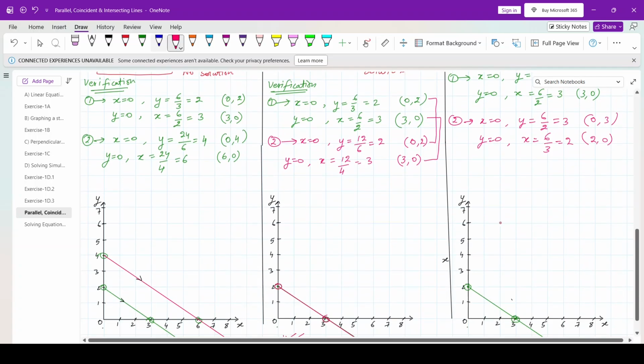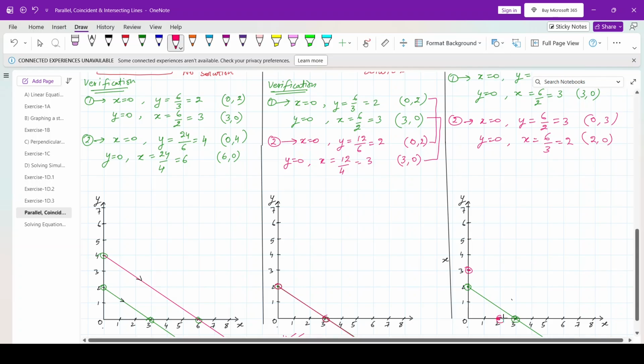Now plotting this line on the graph we'll get 0, 3. That will be 0, 3, this point, and 2, 0. 2, 0 is this point.